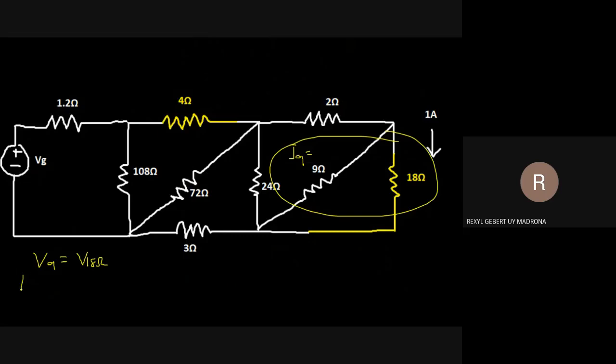And so I9 times 9 ohms is equal to 1 ampere times 18 ohms. And that will give us I is equal to 2 amperes.